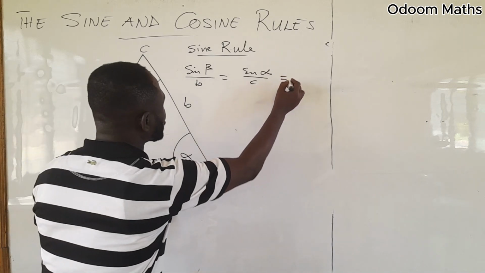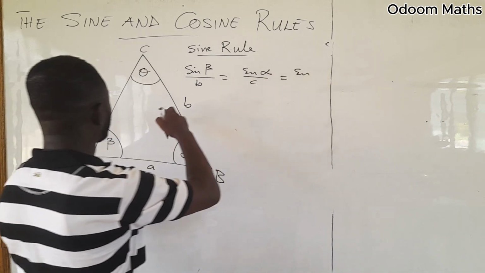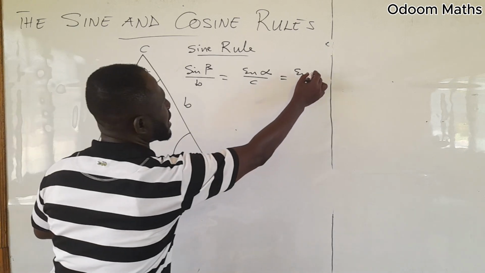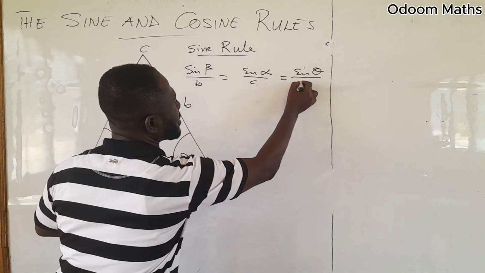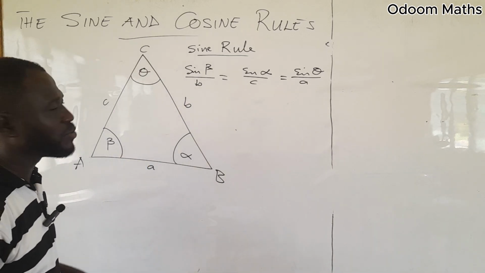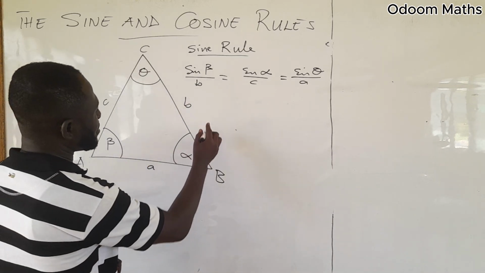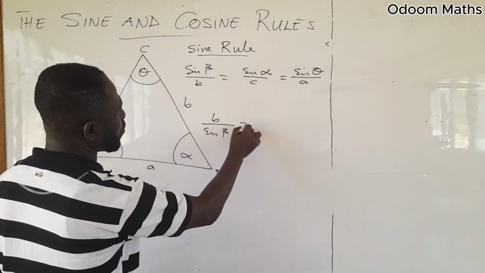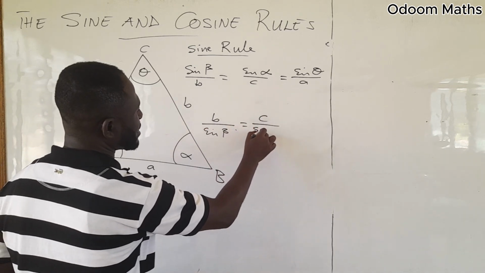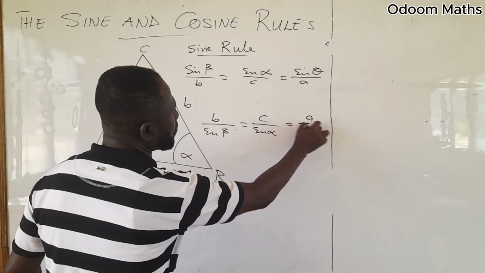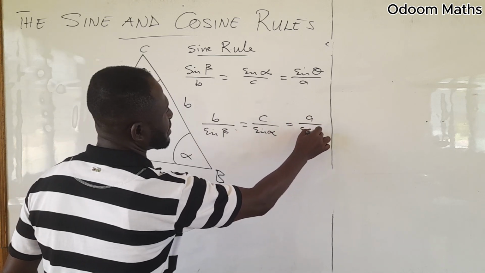And this is also equal to sine of theta over the side AB, which is A. So sine theta over A. And this is all about the sine rule. In some books, you see B over sine beta equals C over sine alpha equals A over sine theta.